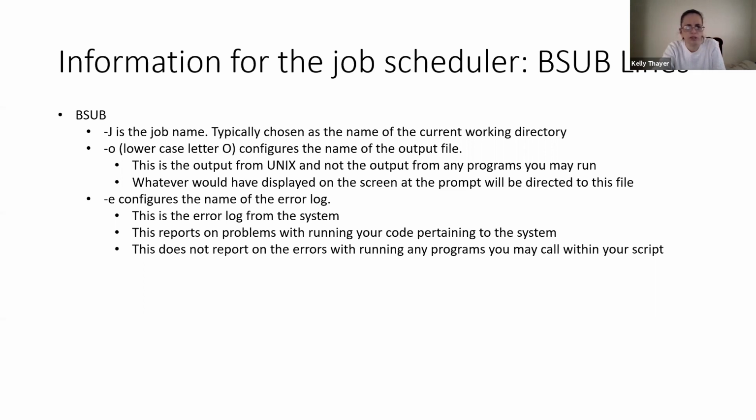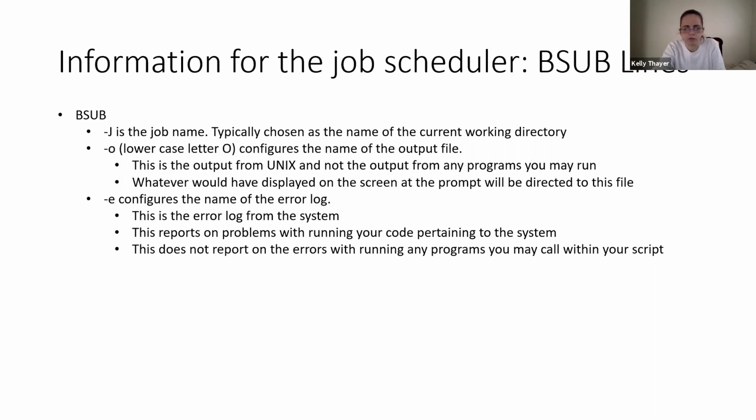So other users will see what you've called your job. -o, that's lowercase letter o, configures the name of the output file. So this is the output from the Unix system and not the output from any programs that you're running. Sometimes students get a little bit confused about which output file to look at. So that's the system output file. This is whatever would have been displayed on the screen at the prompt.